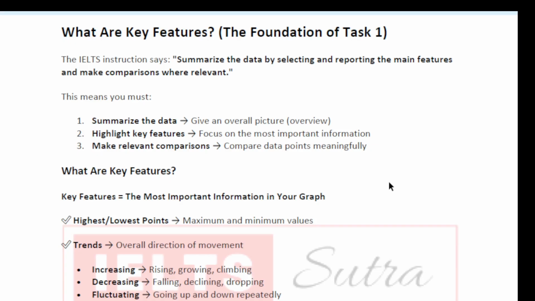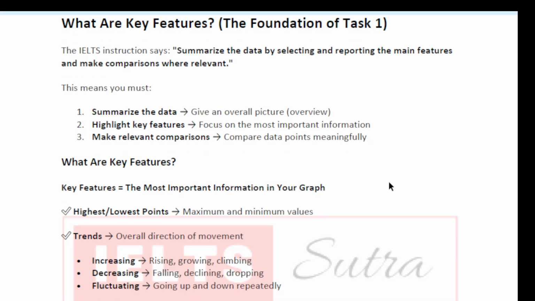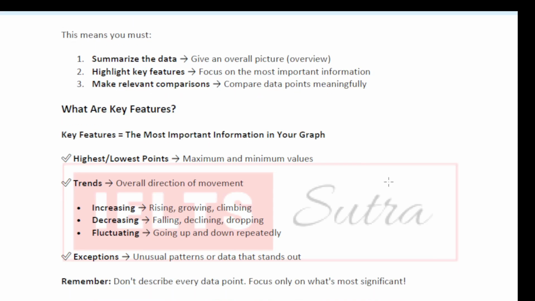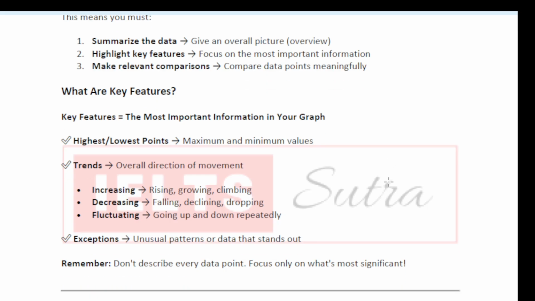The first thing that you should be focusing on is obviously the highest and lowest points, the maximum and minimum values in the data. It doesn't matter whether your data is in percentage, amount, number or any other form, you will always find some maximum or minimum values. So the lowest and highest points are the most important key feature in your data.